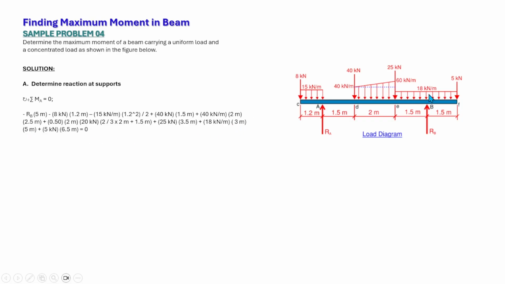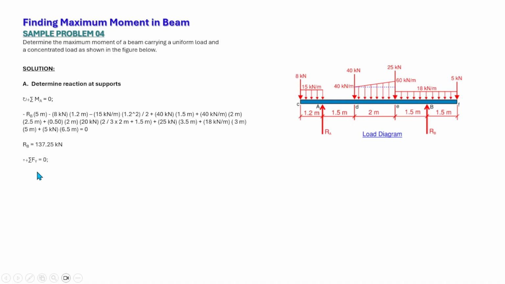The centroid of the uniform load is from here to there, that is 5 meters. Plus the cantilever end, which is 5 kilonewton times 6.5, from here to there. So RB is equal to 137.25 kilonewton.